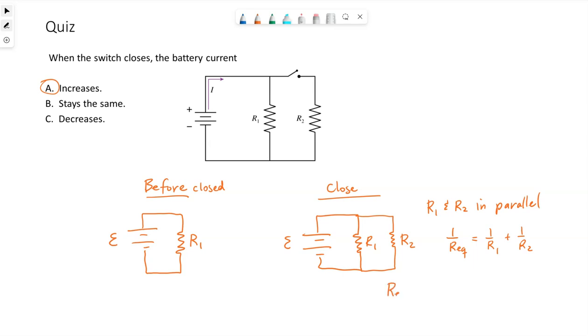That means R equivalent is smaller than R1 and R2. If the equivalent resistance goes down, the battery current, the current flowing out or into the battery is equal to the battery voltage over the equivalent resistance. So the equivalent resistance is now smaller, which makes the current flowing from the battery bigger.